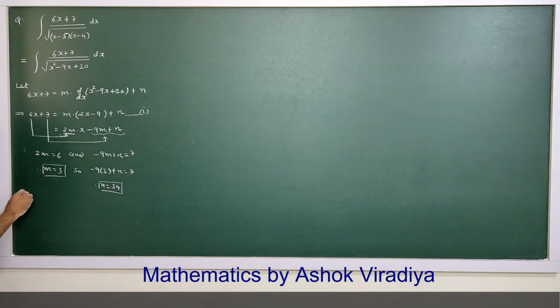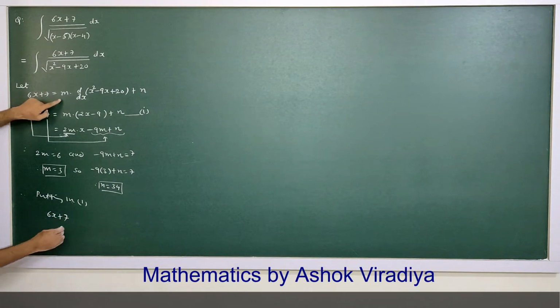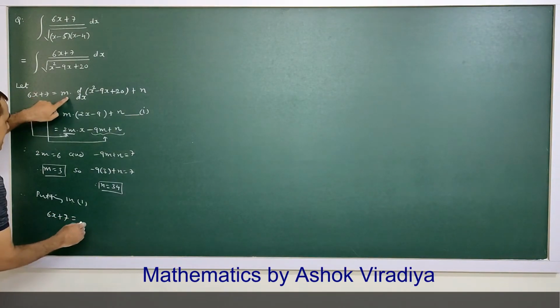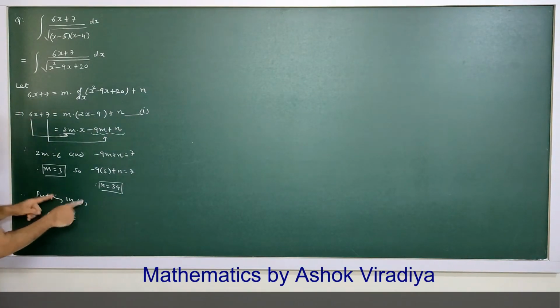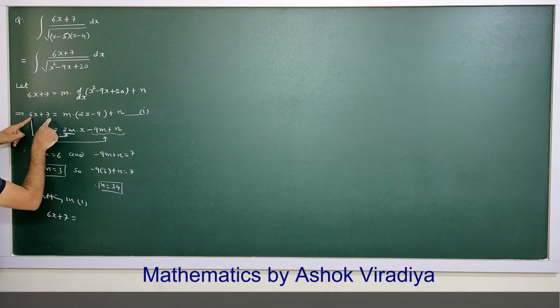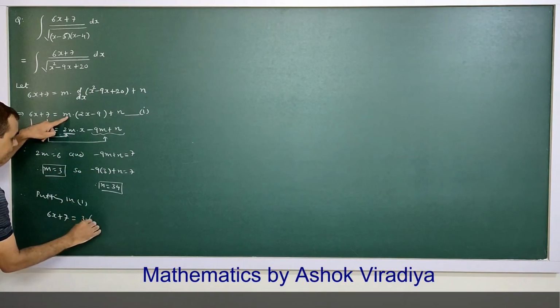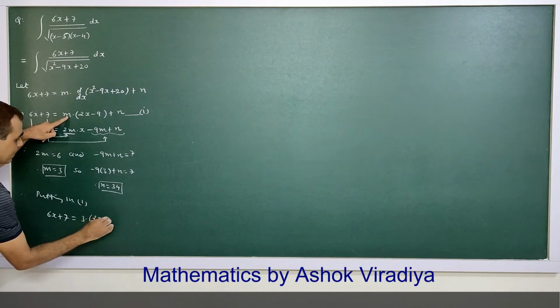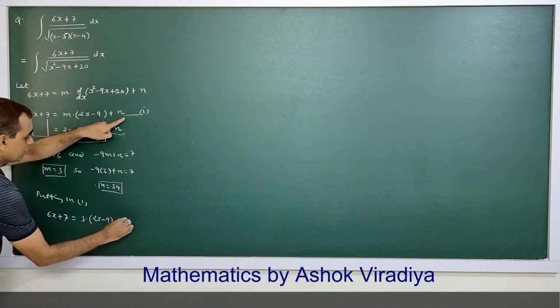Therefore, putting the values in 1, the given numerator is equal to m, which is 3, into (2x - 9) plus n, which is 34.